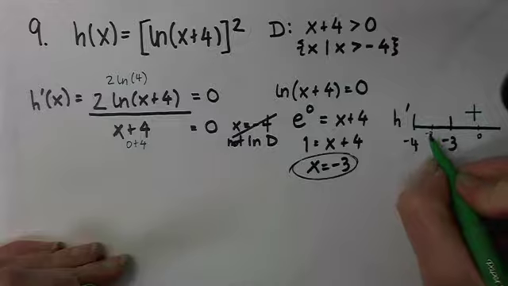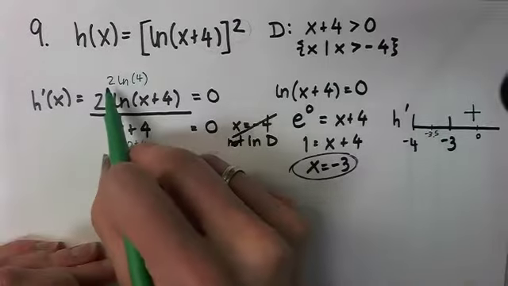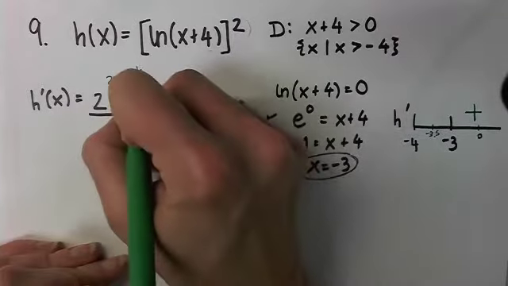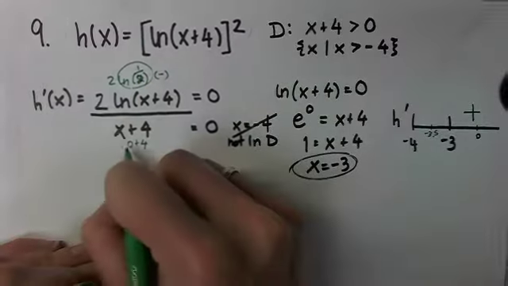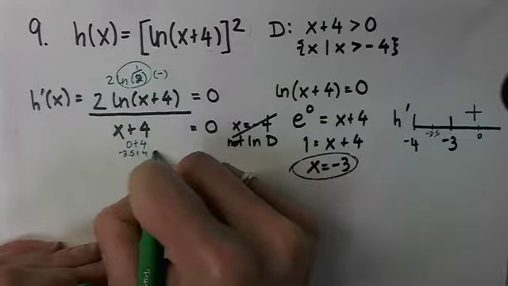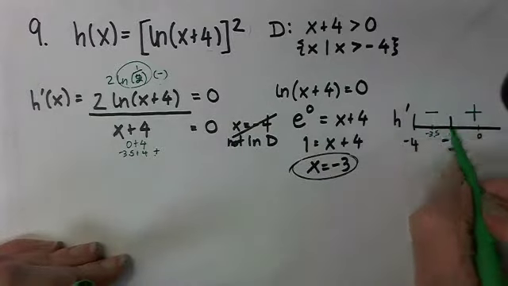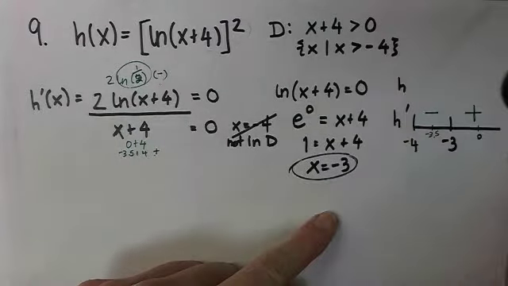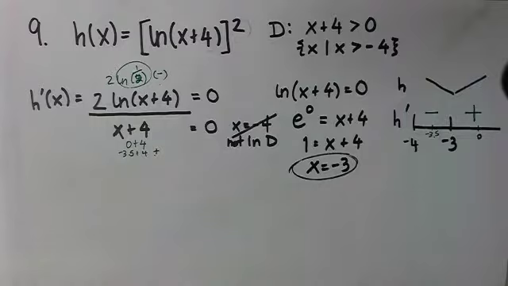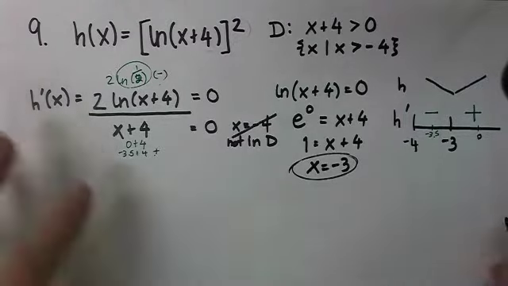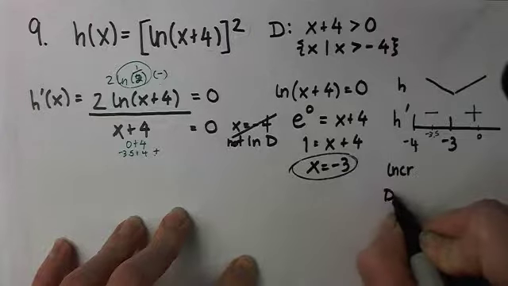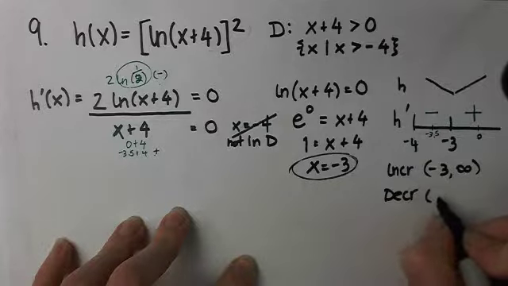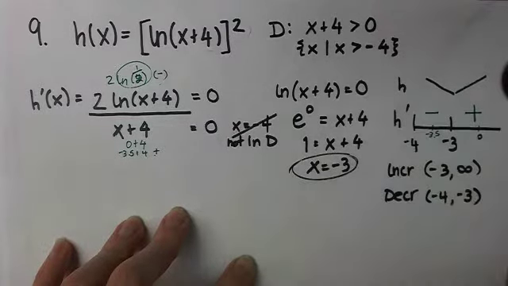If you plug in -3.5, then you get the natural log of 1/2, which is a negative number, over -3.5 plus 4, which is a positive, so you get a negative over a positive, which is negative. So the function h is decreasing and then increasing. Okay, so let's write that out. We're increasing on the interval -3 to infinity, and we're decreasing on the interval -4 to -3.